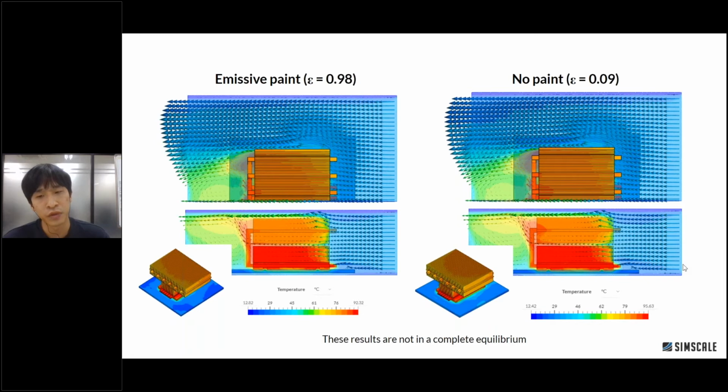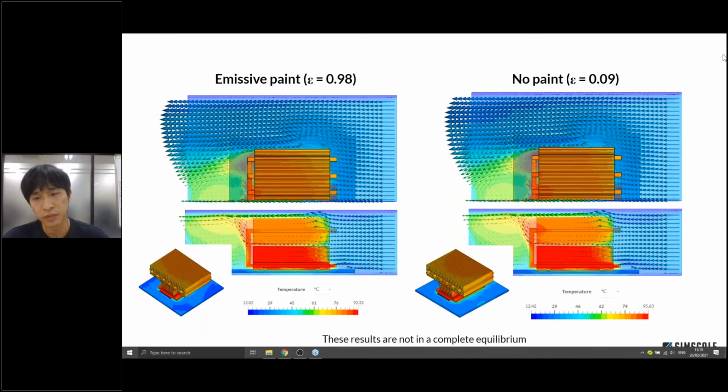And as observed in the actual experiment, we could observe the 3 to 4 degree temperature reduction when we use the emissive paint. At this stage, you can safely say that this amount of difference is really due to the application of the radiative paint, not some minor difference potentially caused by the manual assembly process.